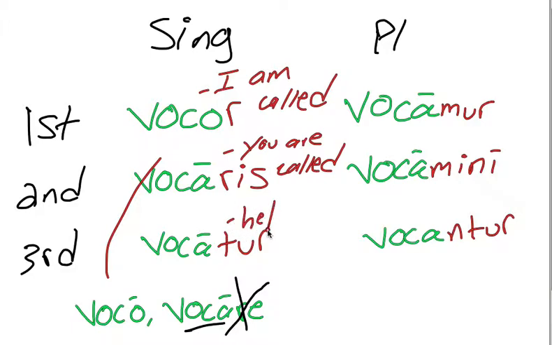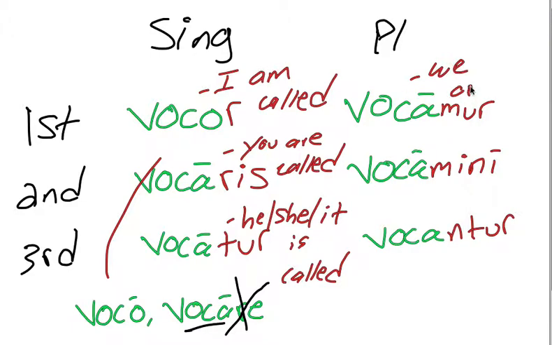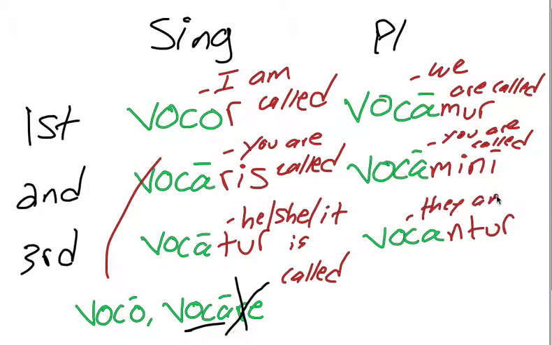Vocatur, he, she, or it is called. Vocamur, we are called. Vocamini, you all are called. And then vocantur, they are called. And that is how you conjugate and translate a verb in the passive.